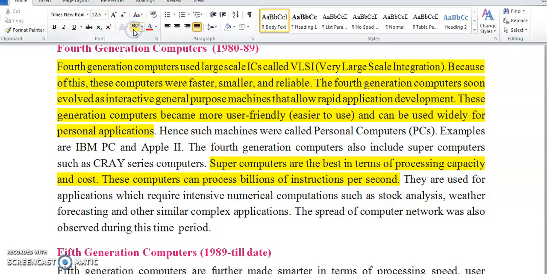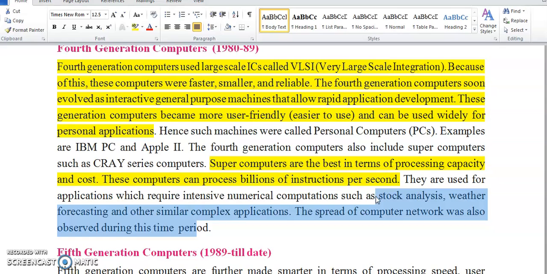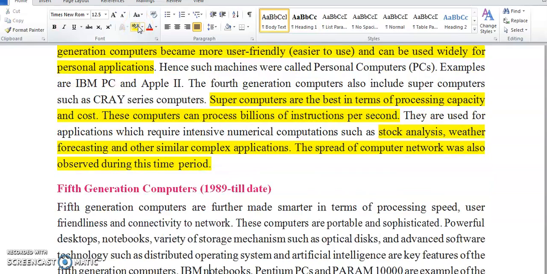They are used for applications which require intensive numerical computation such as stock analysis, weather forecasting, and other similar complex applications. The speed of networks also increased during this time period. Supercomputers are used for weather forecasting.